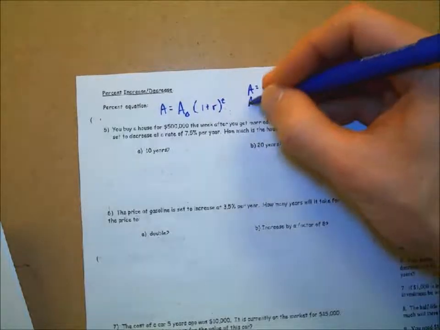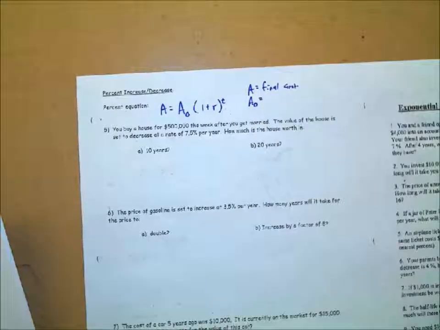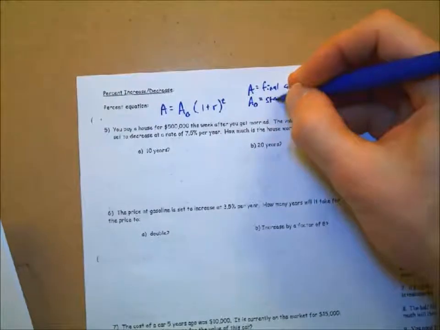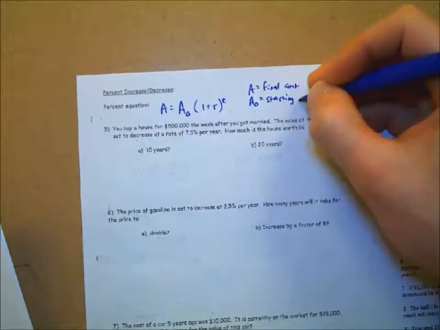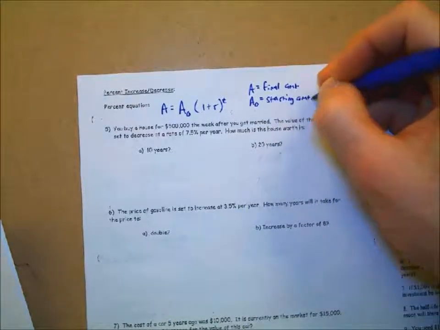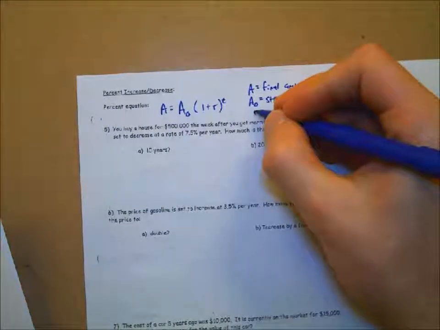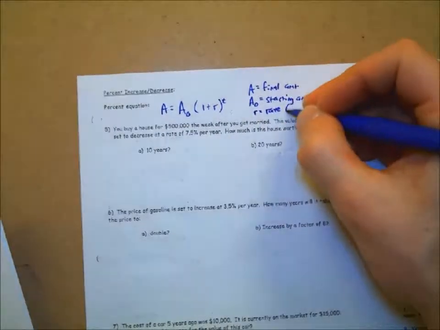A sub 0 is the starting amount, or initial amount. r is the rate as a decimal.